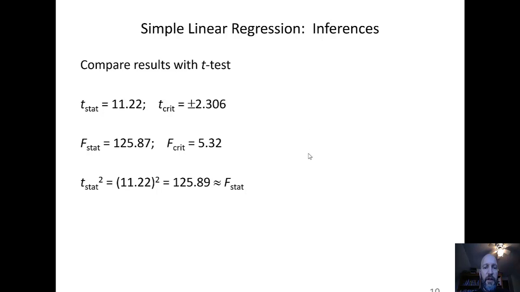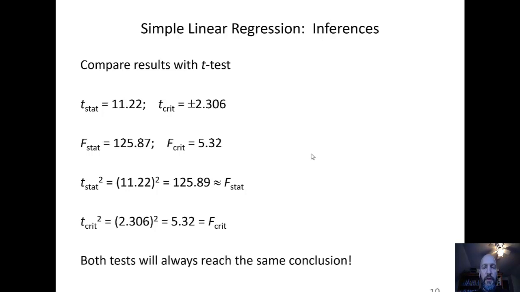And that's because an F random variable on 1 and n minus 2 degrees of freedom is just the square of a t on n minus 2 degrees of freedom. If you square the critical value, 2.306, you get 5.32, which is the critical value for the F, which simply means that we're always going to get exactly the same conclusion when we do the t or the F tests for simple regression.